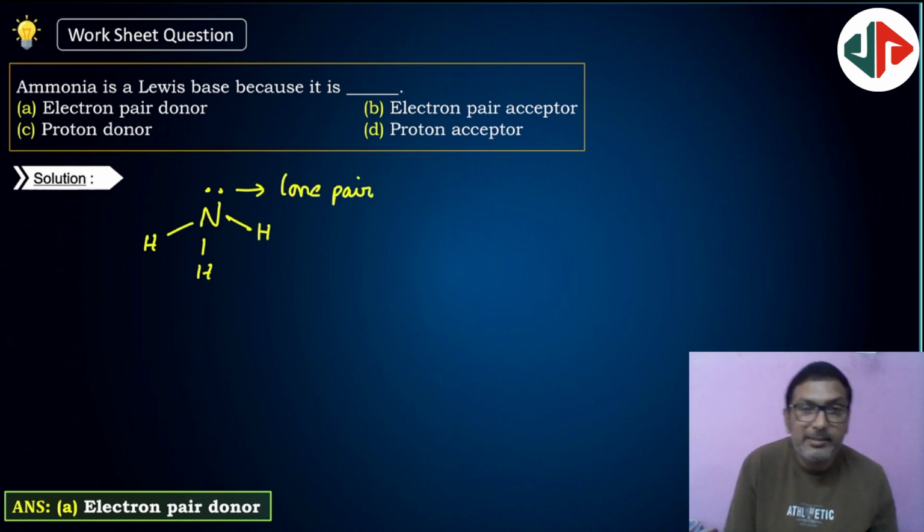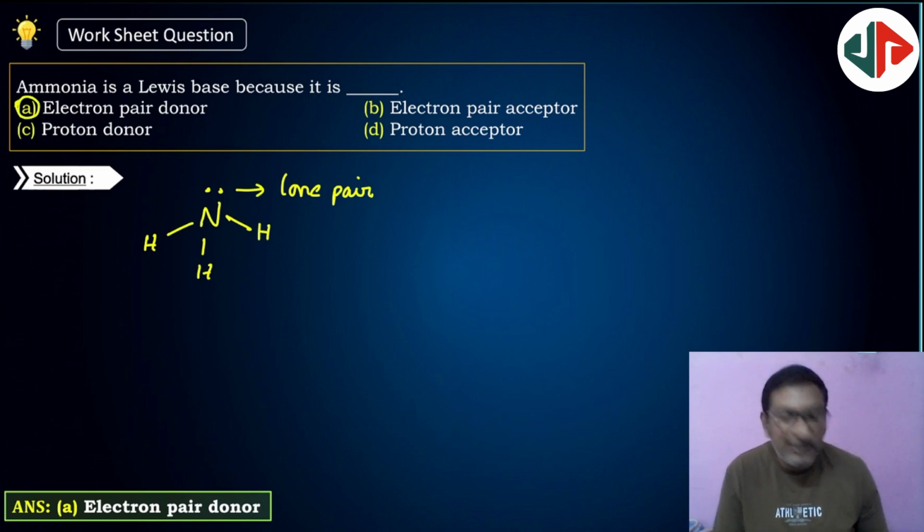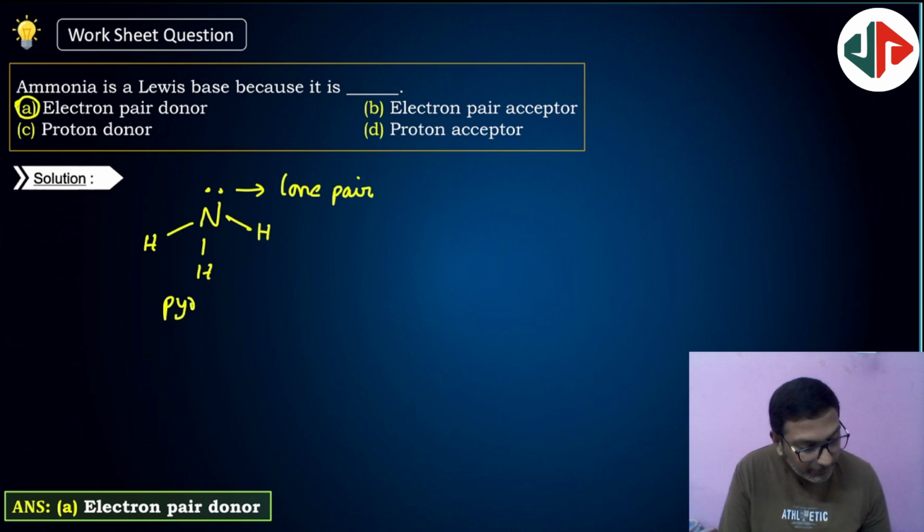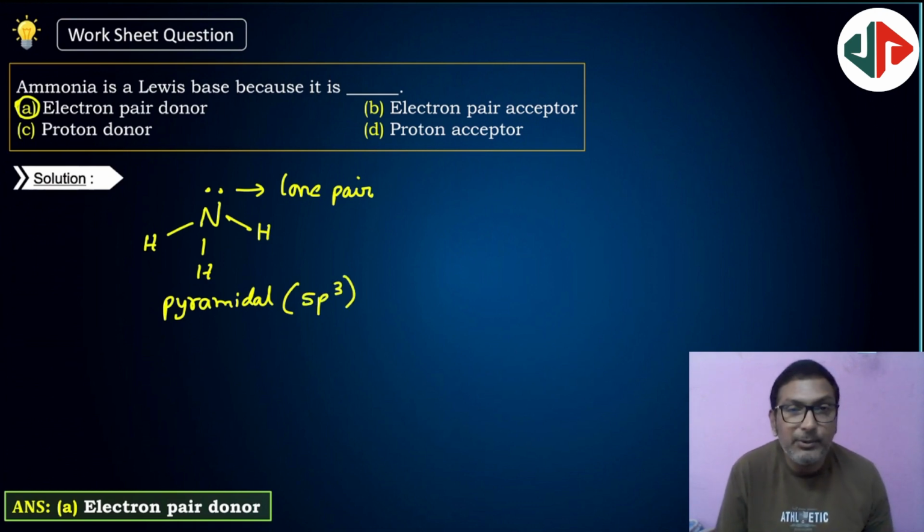Due to the presence of the lone pair, it acts as a Lewis base that can donate an electron pair. Therefore, option A. It is an electron pair donor. Geometry is pyramidal and hybridization is sp3. Remember these also. Due to the presence of the electron pair on nitrogen, it behaves as a Lewis base, which can donate an electron pair.